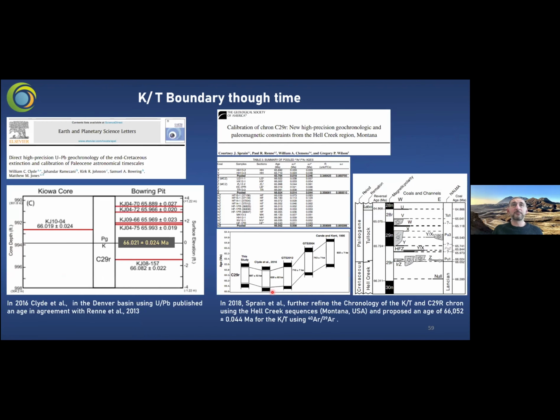In 2016, Clyde, using the Denver Basin, produced an age for the KT boundary between two uranium-lead layers, which is compatible with the one I just showed you. Sprain in 2018 also produced argon-argon ages that point toward an age which is compatible with uranium-lead of the KT boundary. So everything seems to be okay.